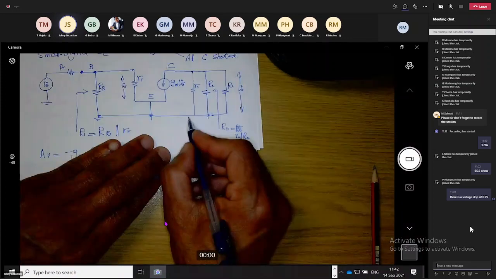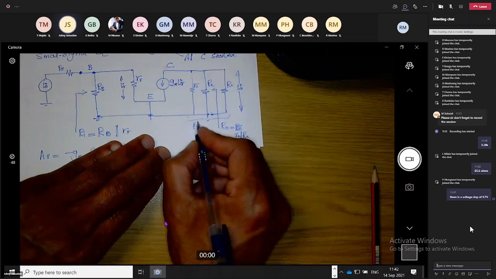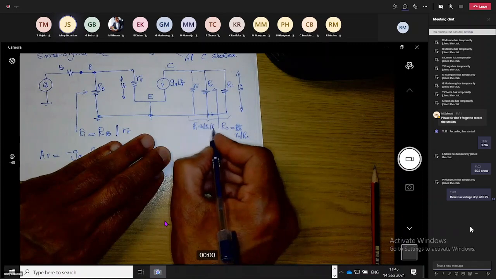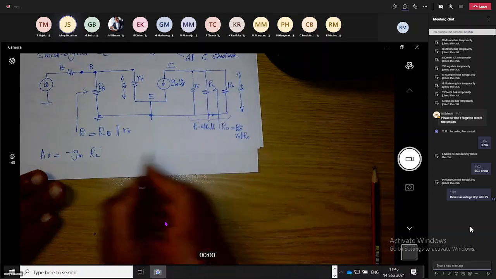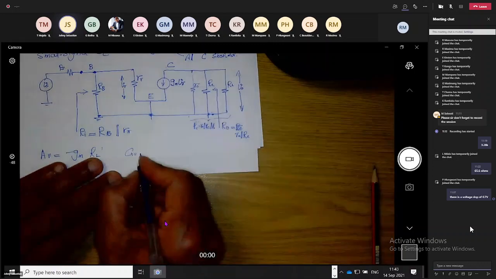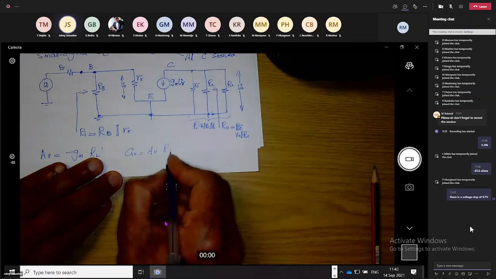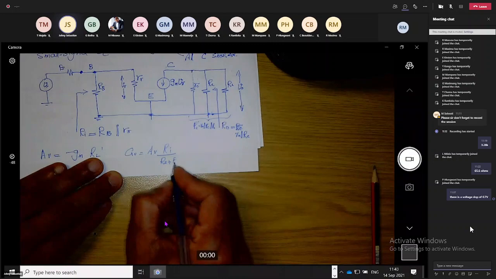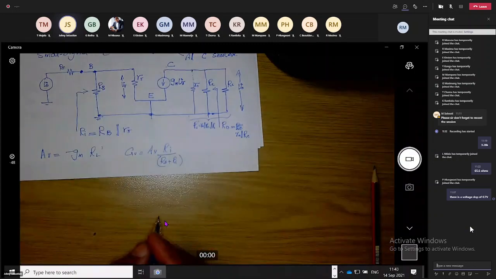RL prime equals R naught parallel RC parallel RL, or basically anything at the collector, they all go in parallel. Then you can work out your GV, that is going to be AV times RI over R signal plus RI. Time for questions.